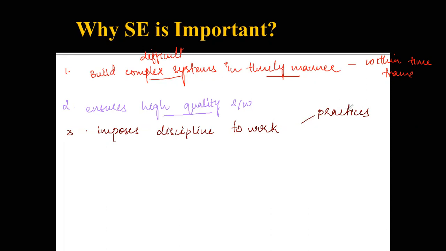Now, when you know the different practices and you know a specific order in which you're going to implement, you know how you're going to test them, you know how you're going to model them, you know how you're going to do the coding part. Now in here, when you know each and everything, the order in which you need to do, it imposes discipline in work. So these are the 3 reasons why software engineering is important.